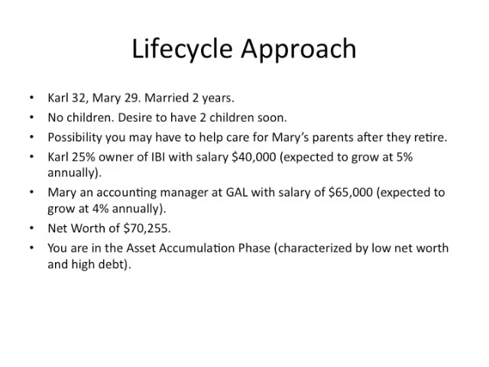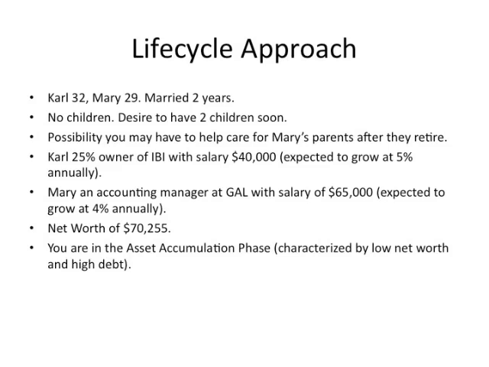We're going to see when we look at your financial statements that you have a net worth of $70,255, and you are in what we call the asset accumulation phase. That's you're young, you're buying things, you're planning for your future. It's a time in life characterized by low net worth and high debt.